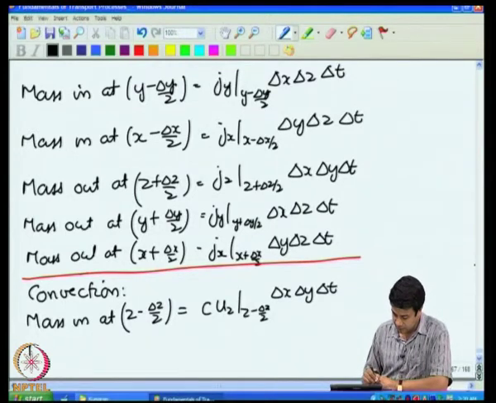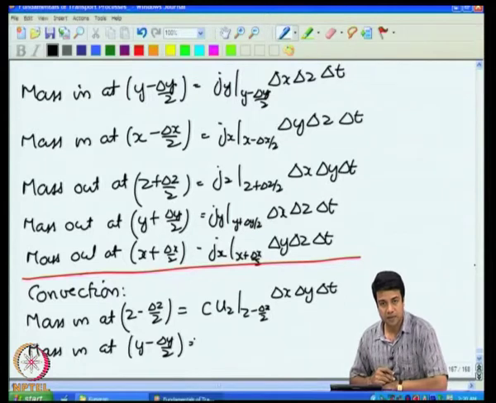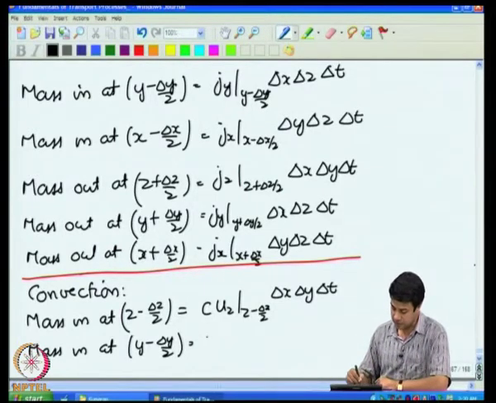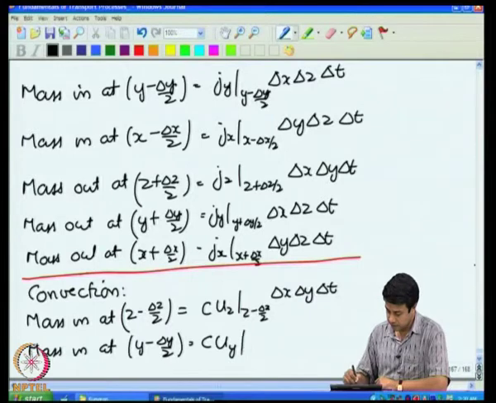Similarly, one will have mass in at y minus delta y by 2. In this case, one has to take the velocity component perpendicular to the surface at y minus delta y by 2, which is the velocity in the y direction. Okay. So, this is equal to c u y.